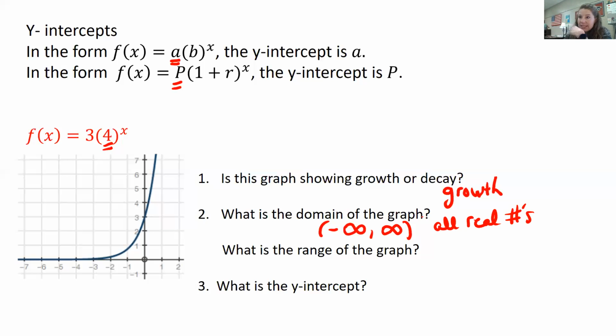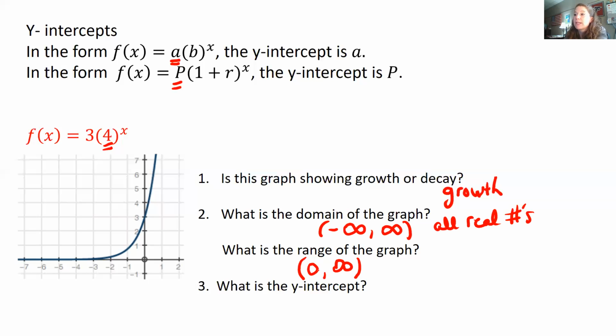But the way it goes up and off the page tells us it's going to go up forever. So it approaches 0, and then it goes up for eternity. The range of this graph is from 0 to positive infinity.